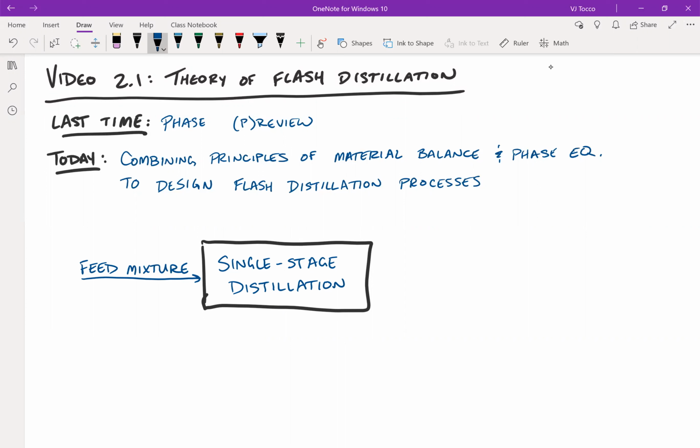Out of the single stage distillation process are two exit streams, one vapor and one liquid. So traditionally, we draw the process flow diagram going from left to right, and because vapor tends to float on liquids because it's less dense, we draw the vapor product on the top and the liquid product on the bottom.